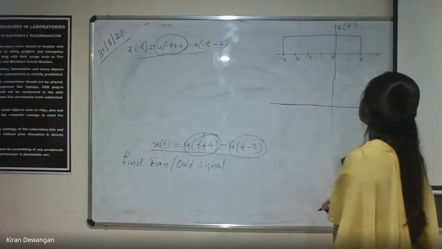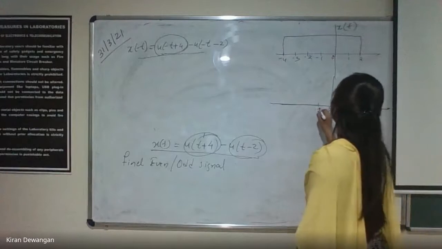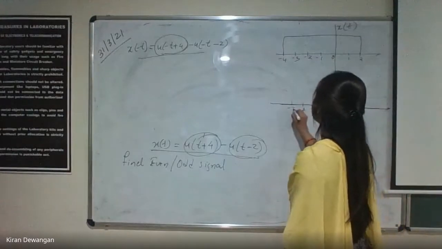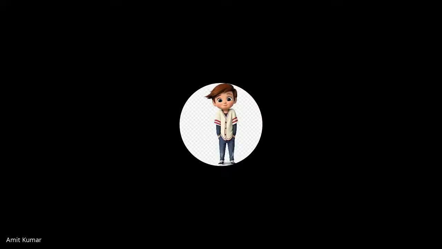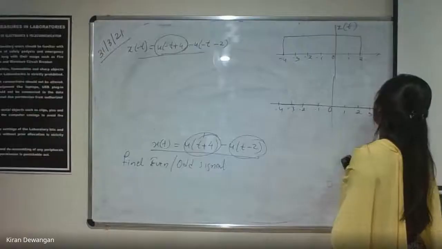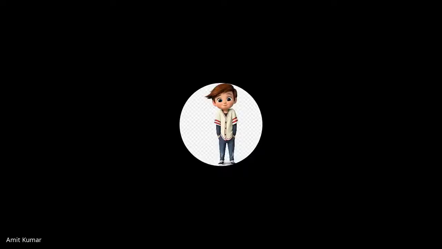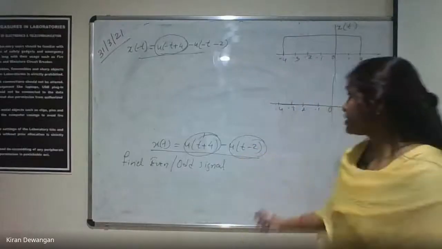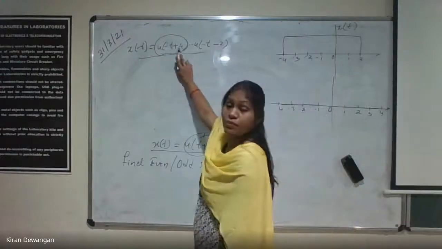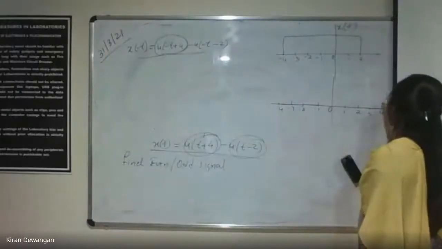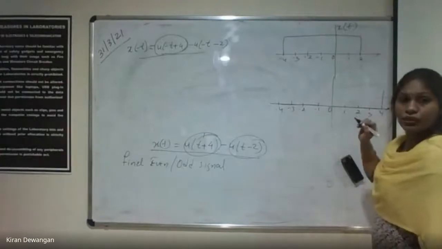Anyone who can answer? मैम, 4 से स्टार्ट होगा, -∞ की तरफ. ये minus t plus 4 है, 4 से स्टार्ट होगा. It will start from 4 and in which direction it will go? -∞. Negative t.